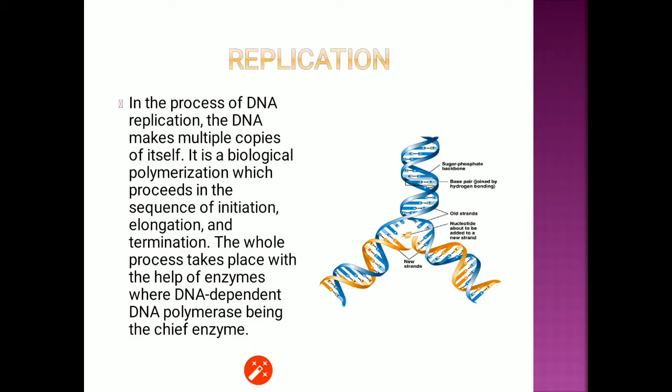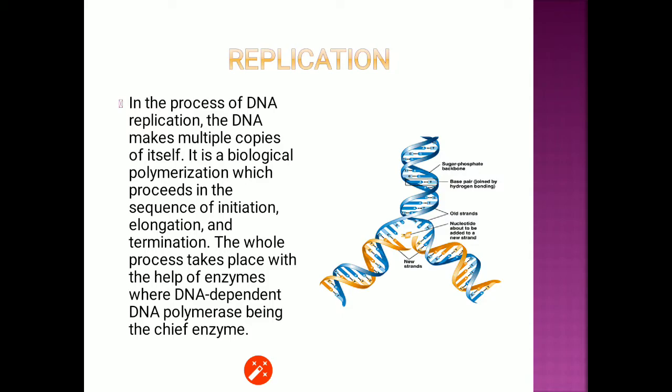Now about the process of DNA replication. The DNA makes multiple copies of itself. It is a biological polymerization which proceeds in the sequence of initiation, elongation, and termination. That means there are 3 steps.